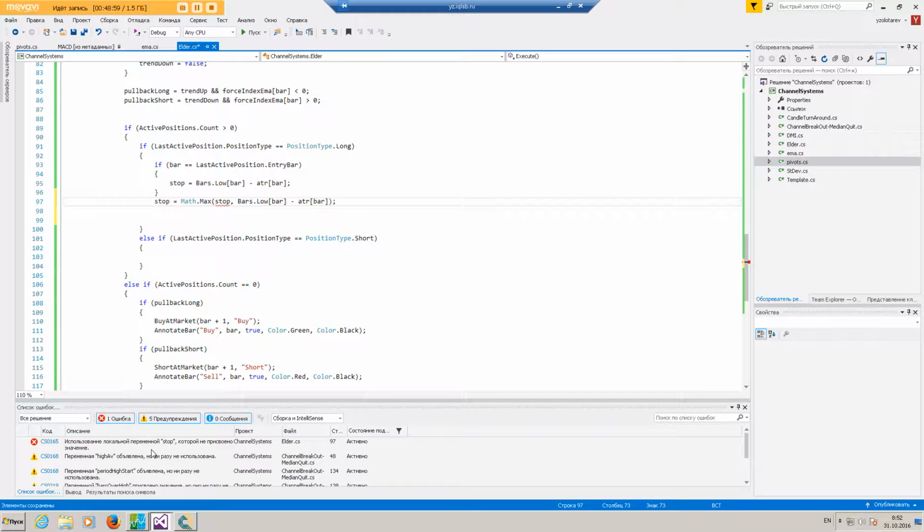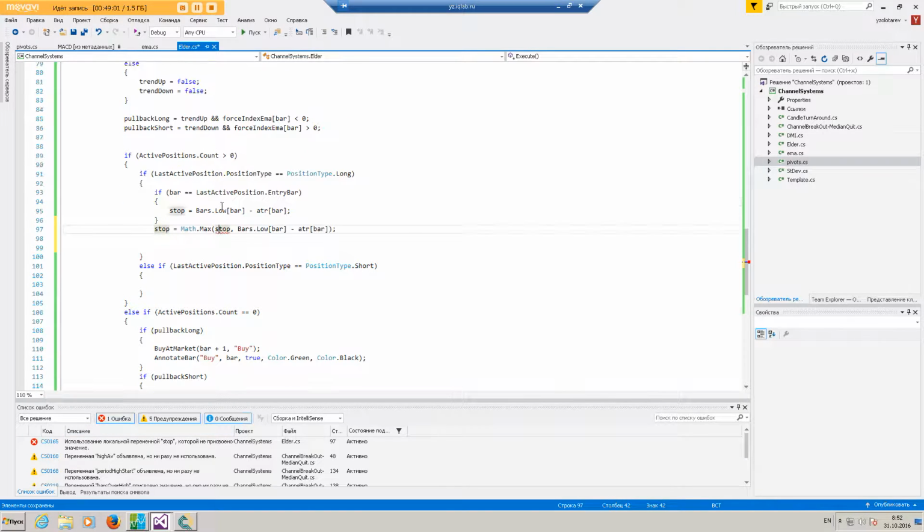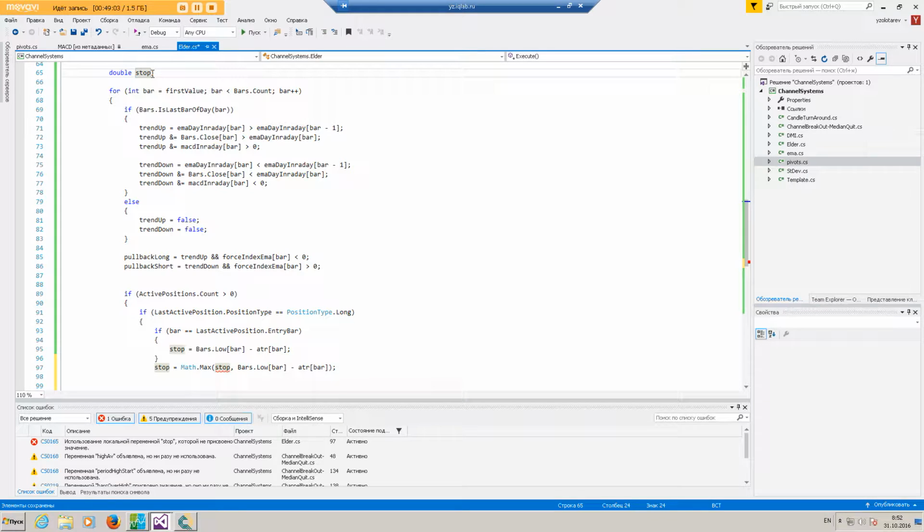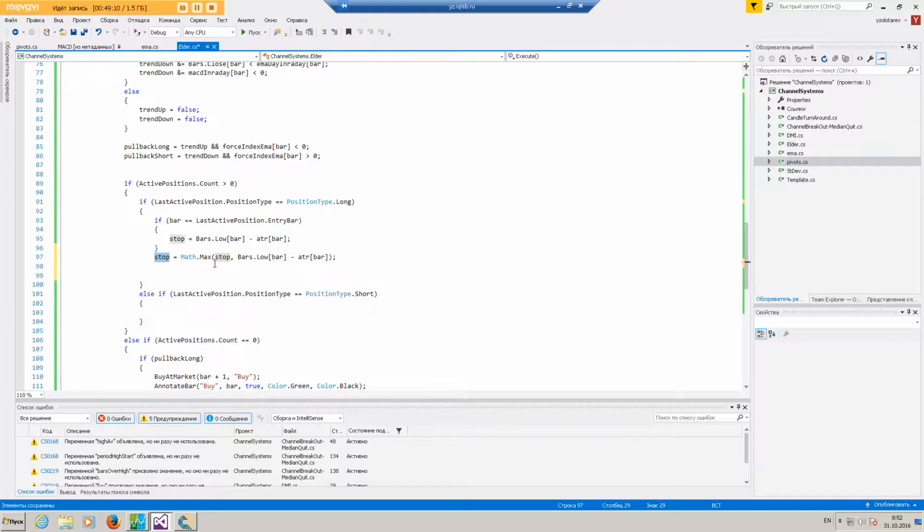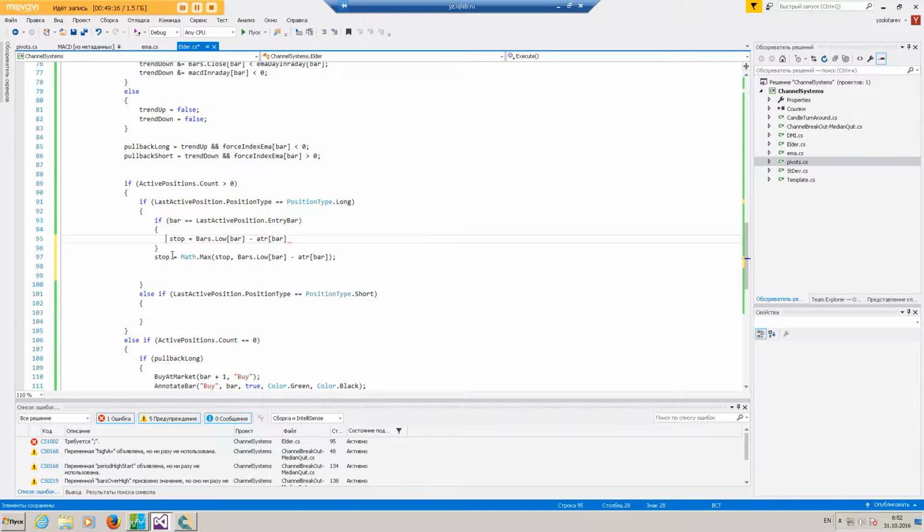Okay, and it wants a value for a stop, and of course it's 0 to start with. Then we create the value, and then on every bar, actually we don't even have to do this for the first bar, we can just say it like this, because it's going to be bigger.